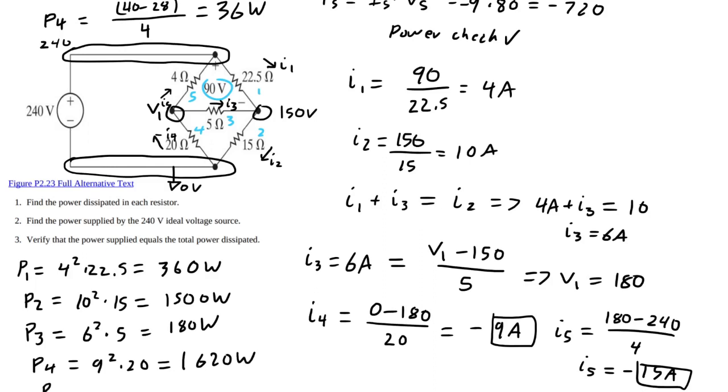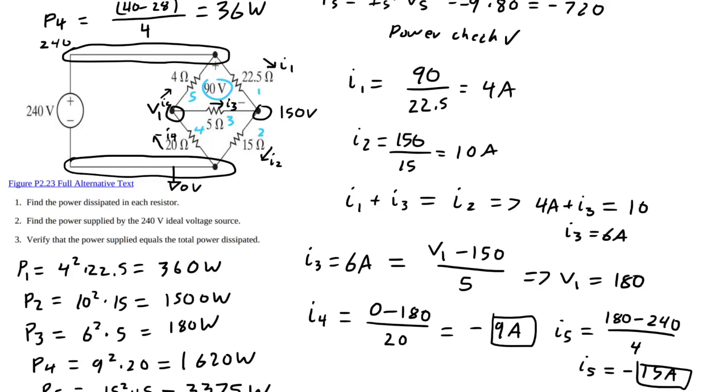And then we have P5. That is 15 amps times 15 ohms, so 225 times 15. This one I can't do in my head. 3375 watts.